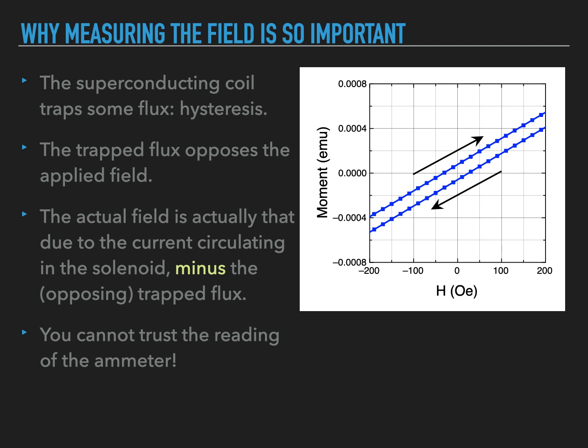And it means that even when you are not providing through a power supply any current to the coil, there can still be some current circulating in it. So the actual field value that is applied is the one calculated through the current measured by the ammeter minus the opposing trapped flux. This means that you cannot trust the reading of the ammeter, but you have no way to measure the opposing trapped flux.